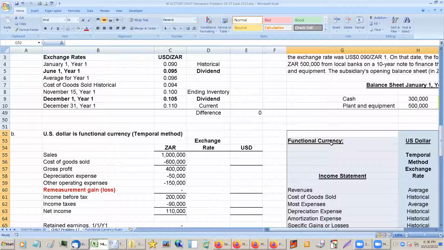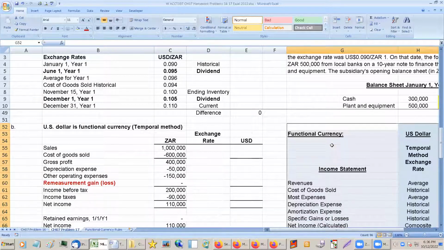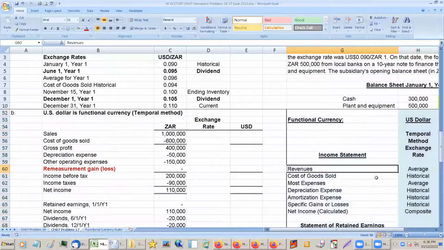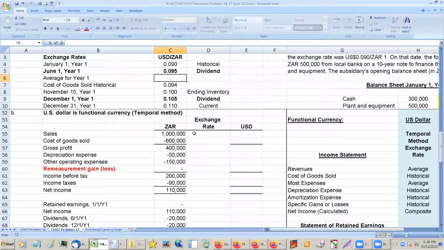Okay, so sales, we have our average cost for our sales made throughout the year, so we use the average rate. Should be the same as last time, which is 0.096.